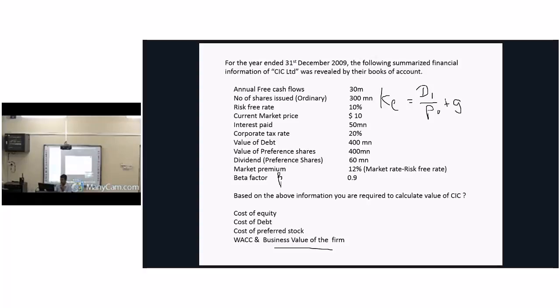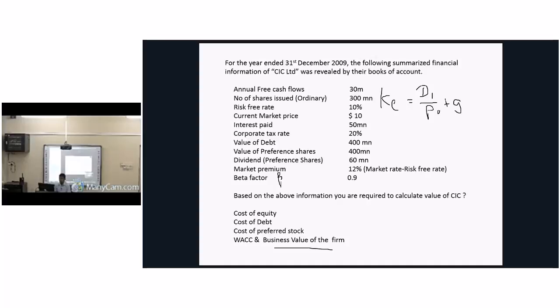So D1 is dividend in 1 year's time. Do we have dividends in 1 year's time or dividends per share? That is preference shares. But we want cost of equity.